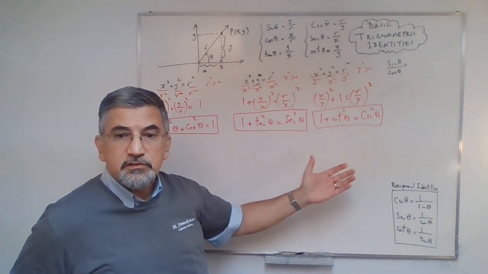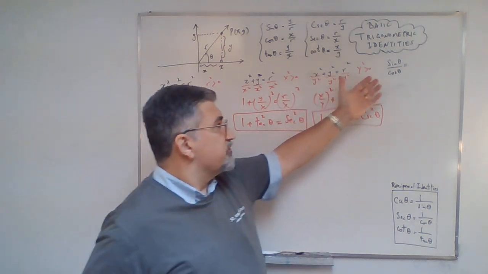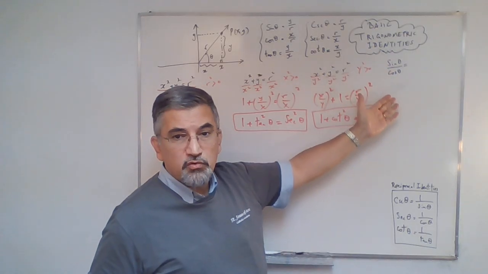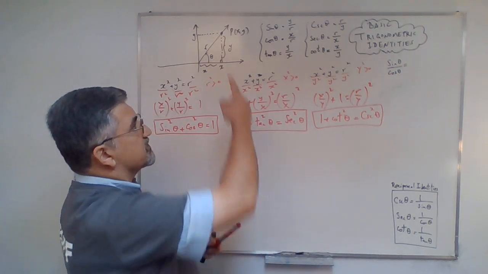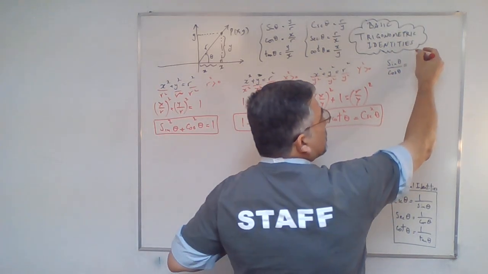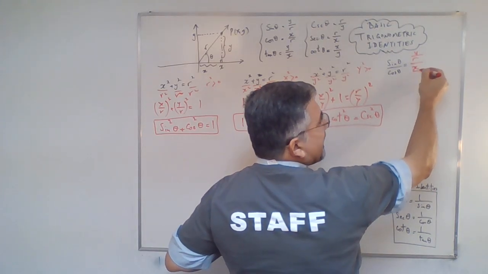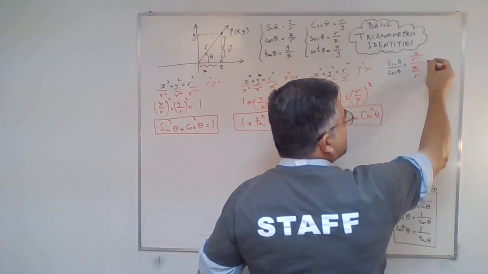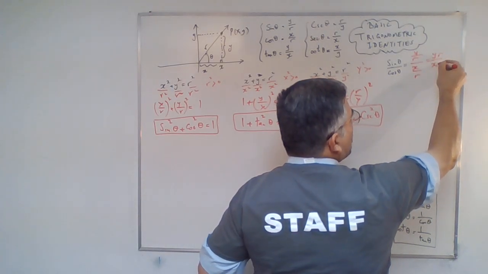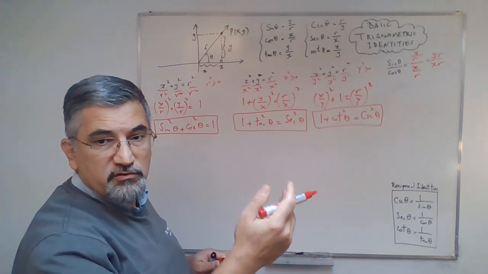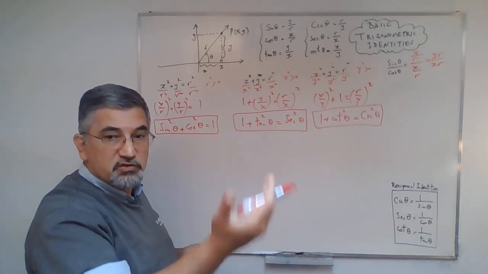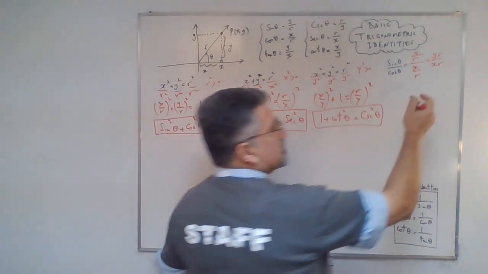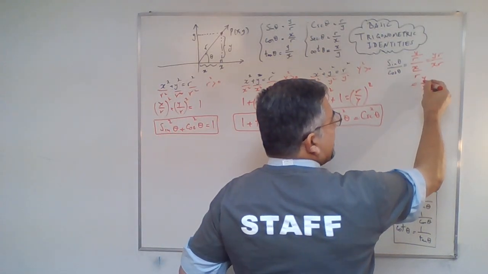Other identities that we have: if you divide sine of theta by cos of theta, obviously sine theta is y over r, and cosine of theta is x over r. When you simplify this, you end up with yr over xr, and when you realize that r over r is 1, you simplify it to y over x.